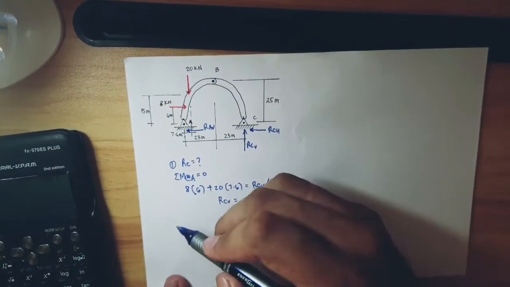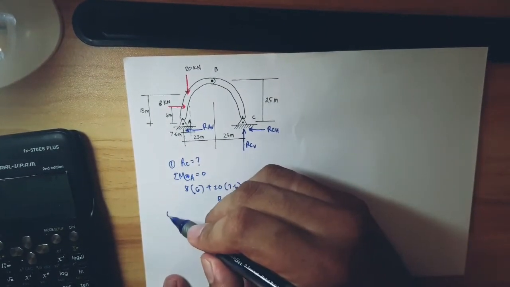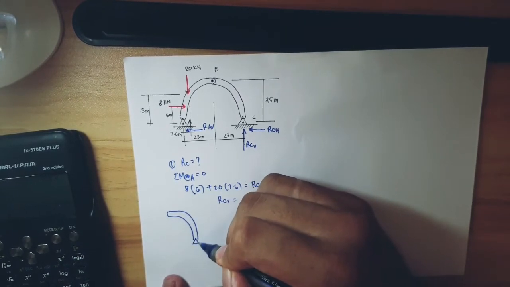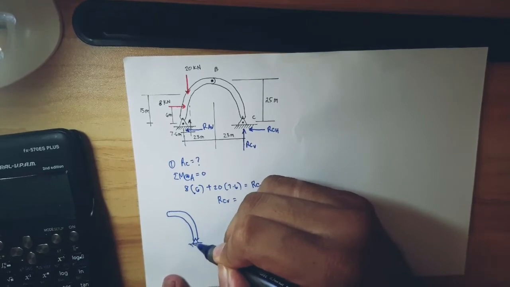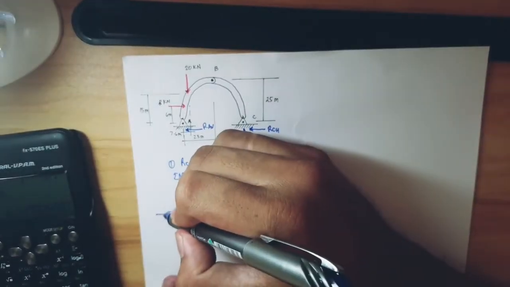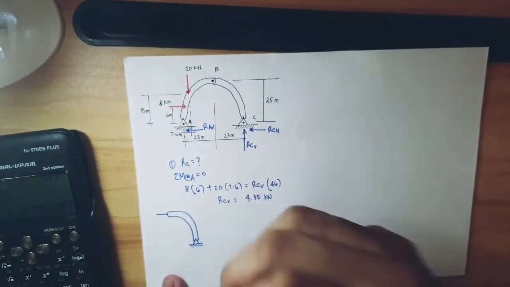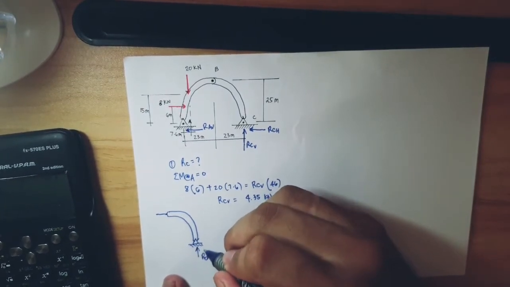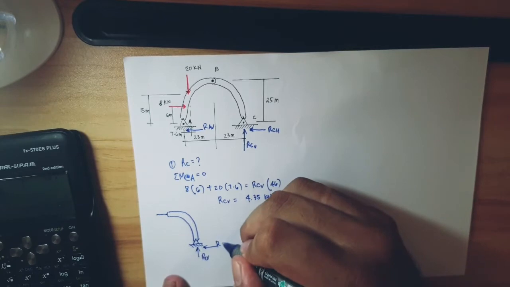Okay, so cutting in the hinge, you have RC vertical and RC horizontal.